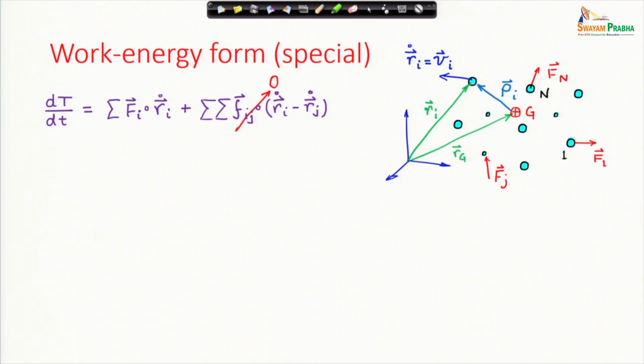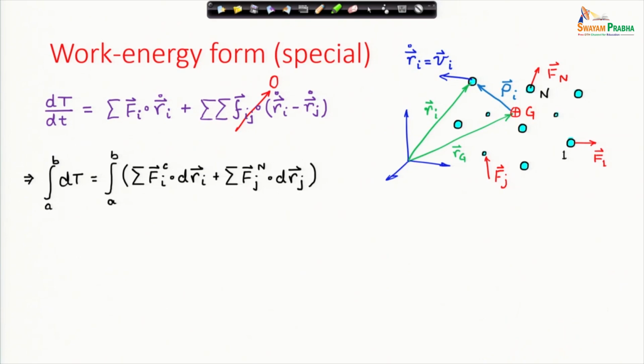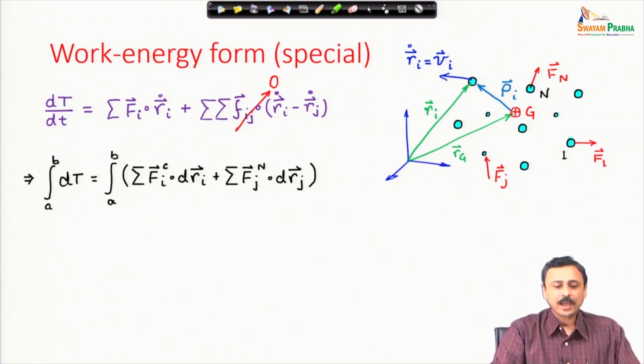So, in the special cases that we have discussed till now, the second term on the right hand side had dropped off. Now, we are going to look at a general decomposition of the externally applied force. As we have seen before, this externally applied force can be decomposed into conservative forces and non-conservative forces.